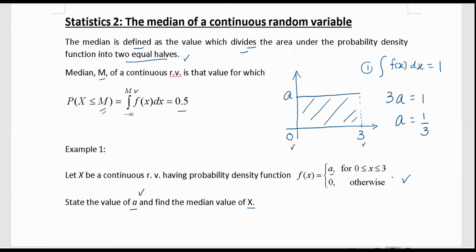As this is a simple horizontal line, we can see easily that the median must be the value in the middle, which is 1.5, so that it cuts the area into two equal halves, 0.5 each. Hence, the median found equals 1.5. All right, so that is answering example 1.